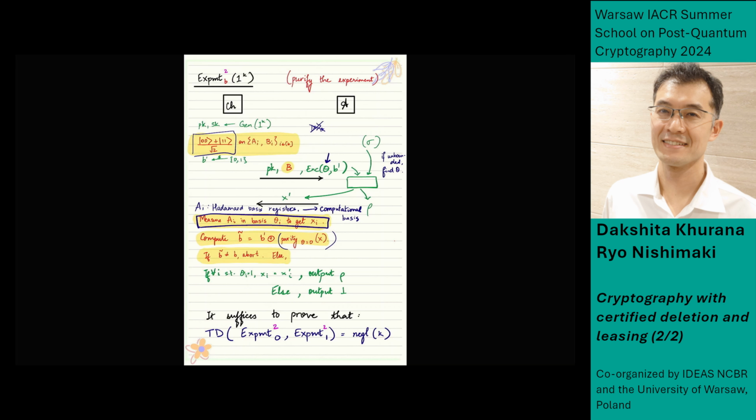After the challenger receives the certificate x prime, the challenger measures register A_i in basis theta_i to get x_i, and then computes b tilde, which is b prime XOR the parity of x. And we also abort if b tilde is not equal to b.